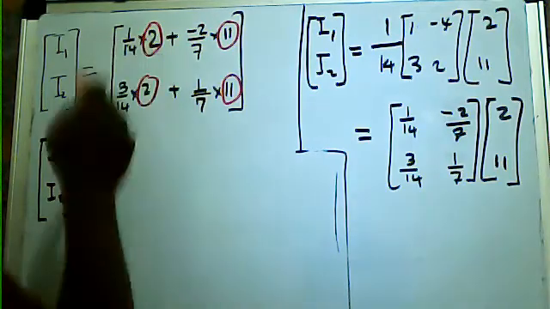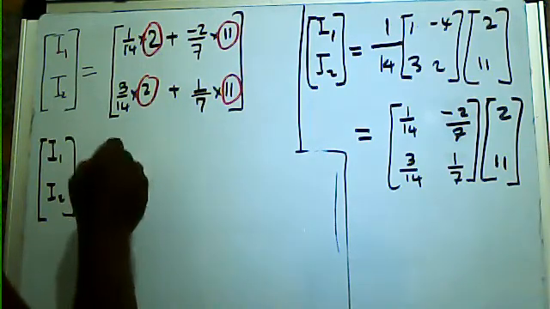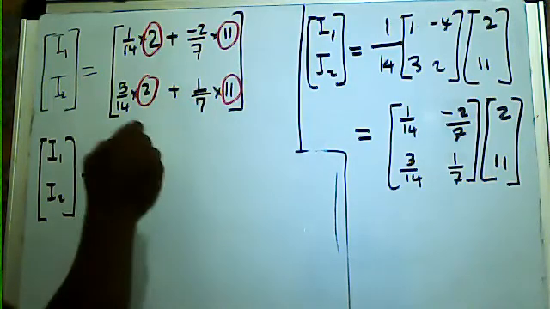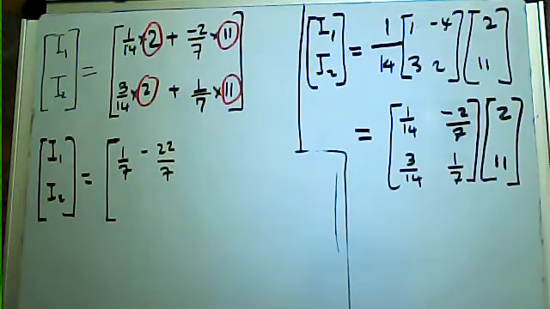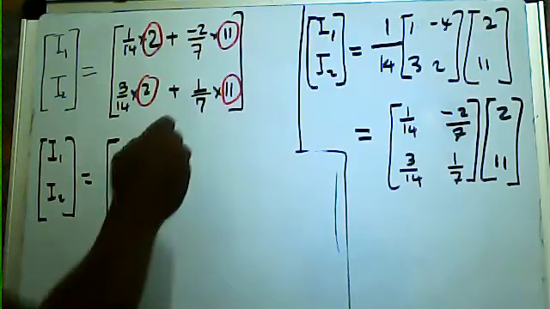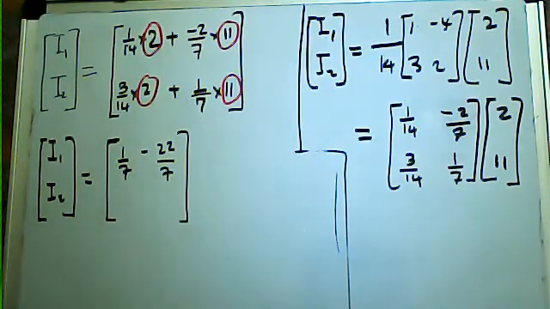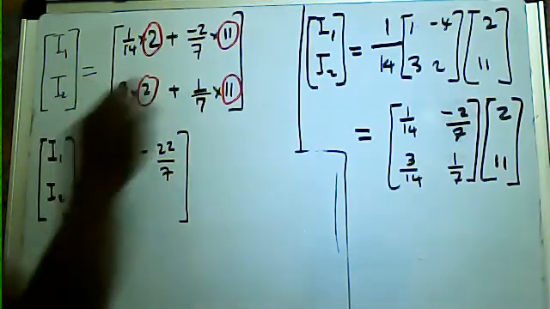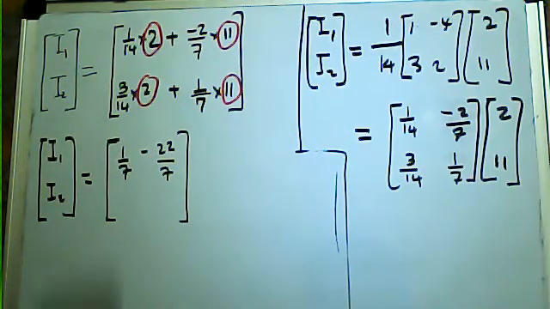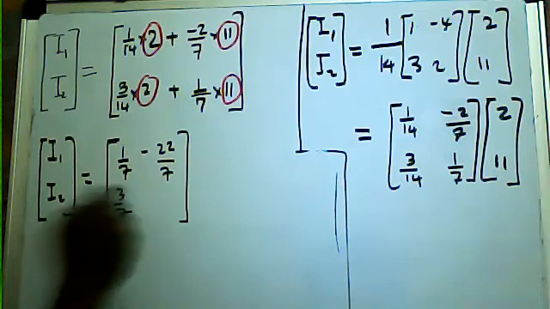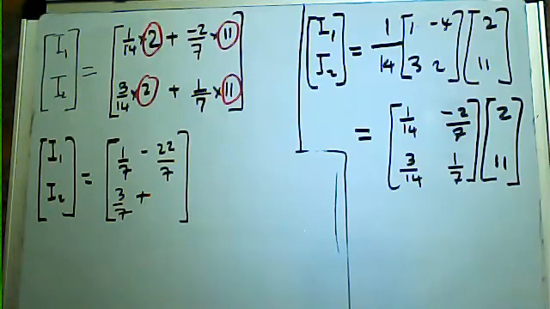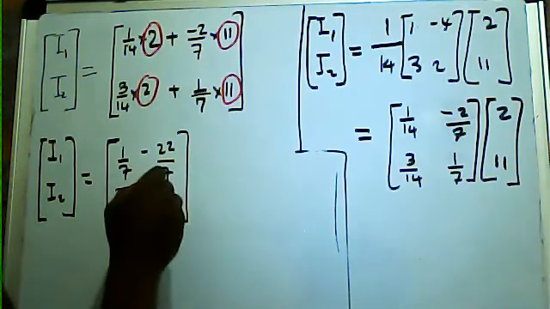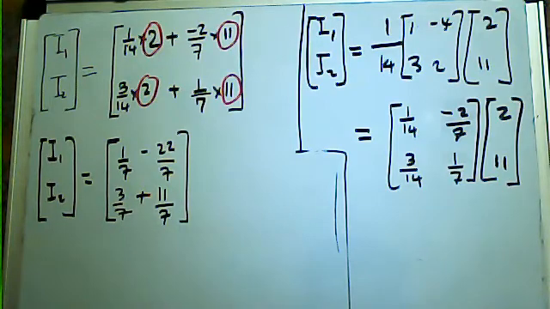One over 14 times 2 is simply 1/7, minus 22/7. Then 3 times 2 over 14 is 3/7, plus 11/7.